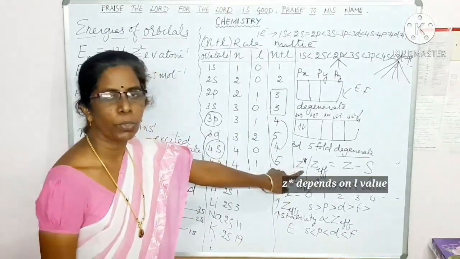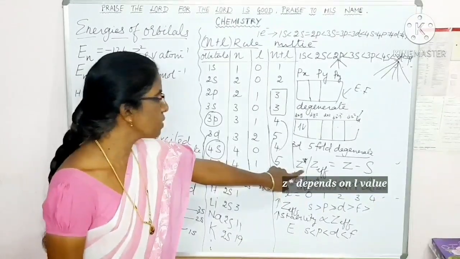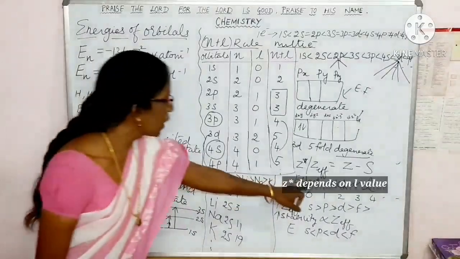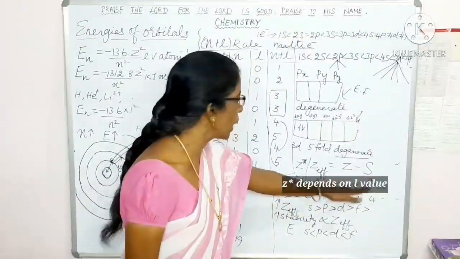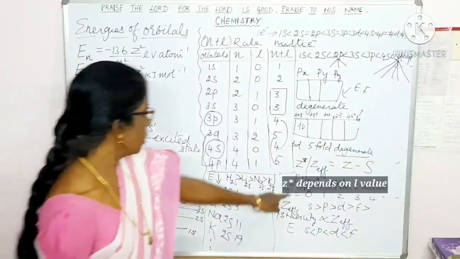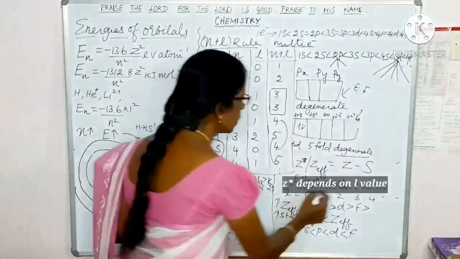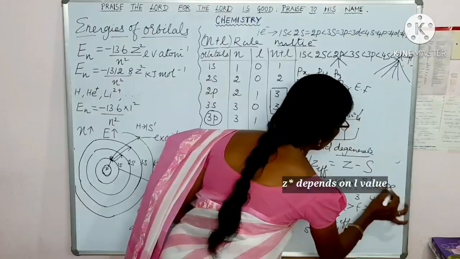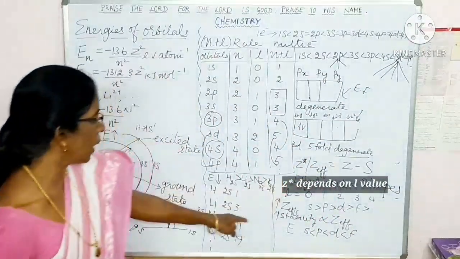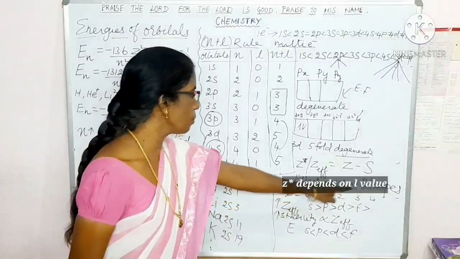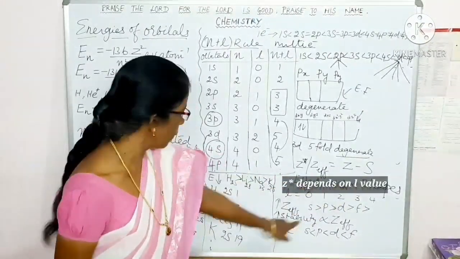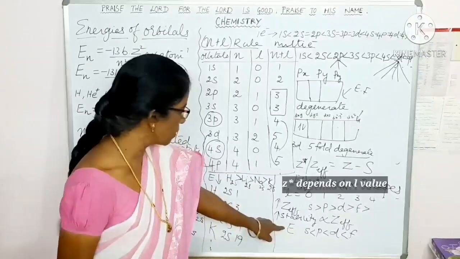Next, effective nuclear charge, which also plays an important role in deciding the energy of the orbitals. Effective nuclear charge depends on the azimuthal quantum number. So this effective nuclear charge depends on the shapes of the orbital. As you increase the azimuthal quantum number, your effective nuclear charge will decrease, but energy will increase.